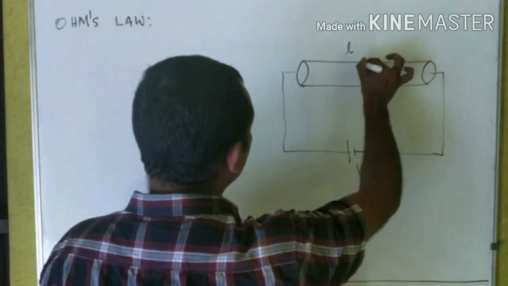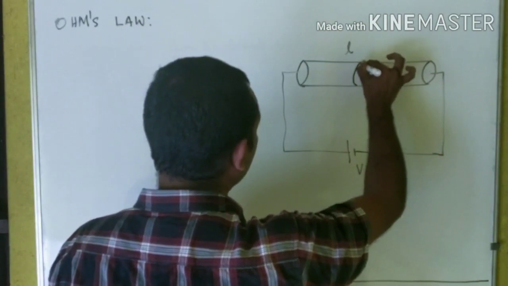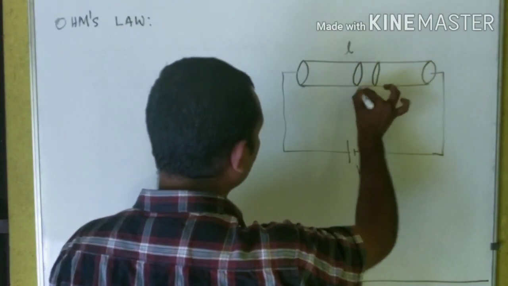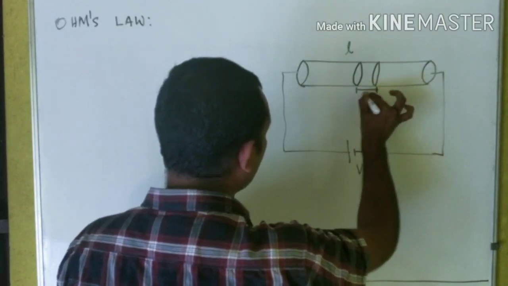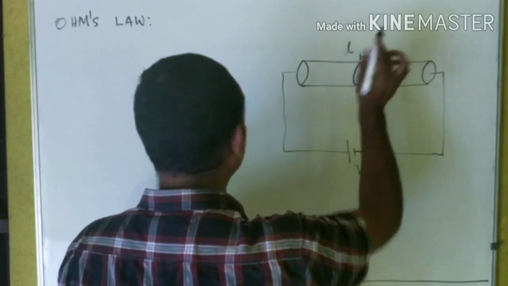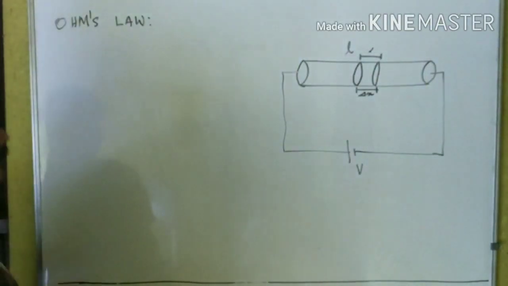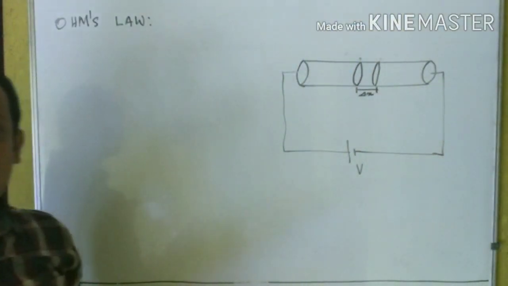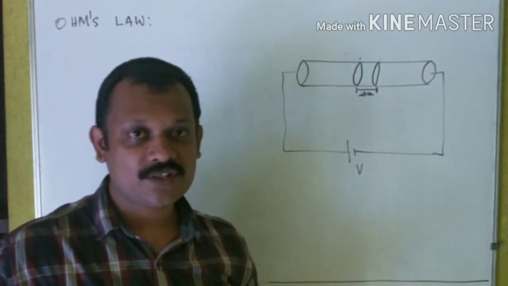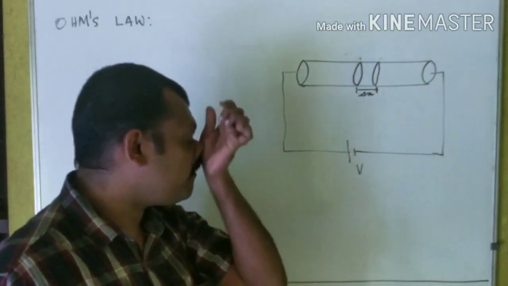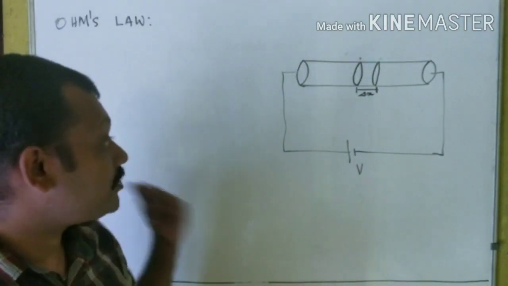Let me take a certain cross section of this conductor, say delta X. And as I told you the other day, since the conductor is connected to an external supply voltage, electrons inside this conductor will drift from one end of the conductor to the other end.